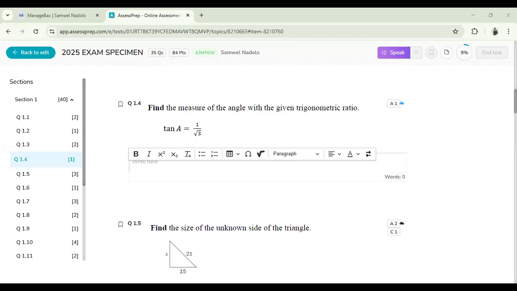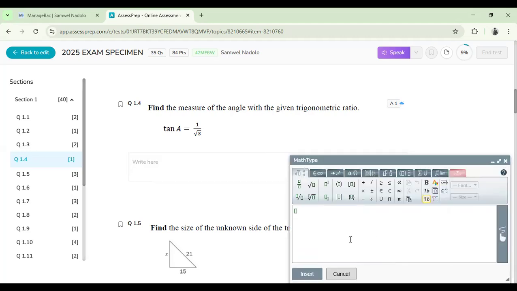So we are going to write, for us to obtain angle A, you need to do tan inverse on both sides. So we can rewrite and say tan of A is equal to the fraction 1 divided by root 3. And then for us to obtain A, we need to do tan inverse on both sides.